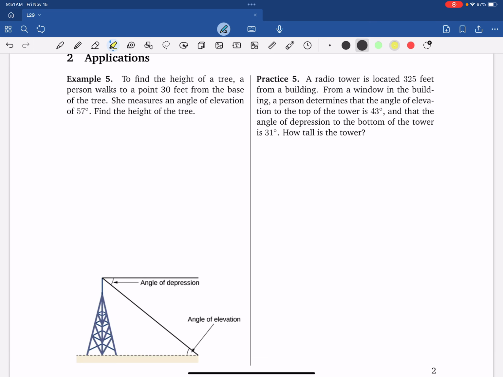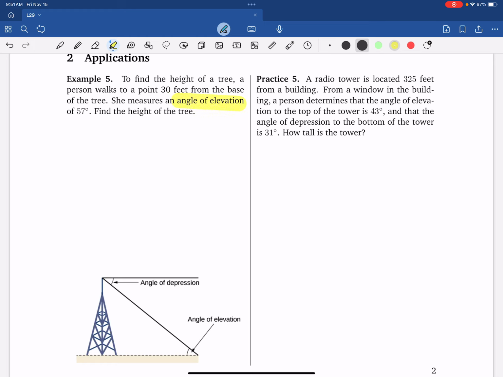This will be one example of how you could use trig to measure, let's say, the height of a tree. I do have a visual at the bottom showing you what those 2 kinds of angles meant, because in this question they talk about angle of elevation. So what is the angle of elevation?